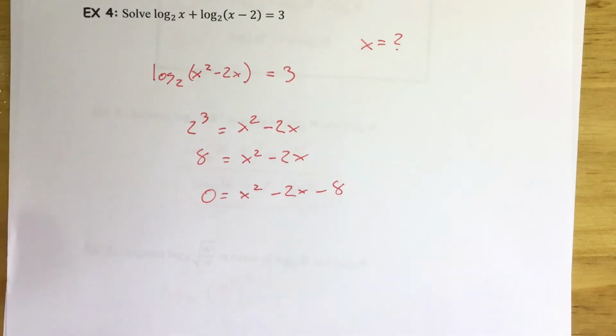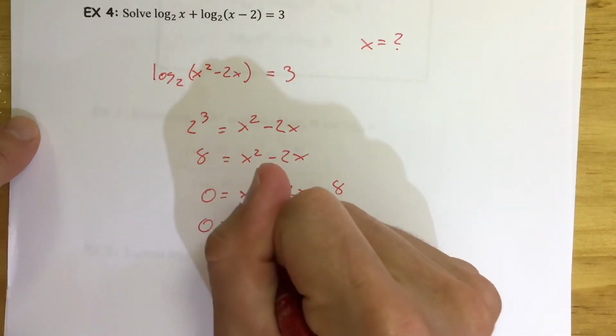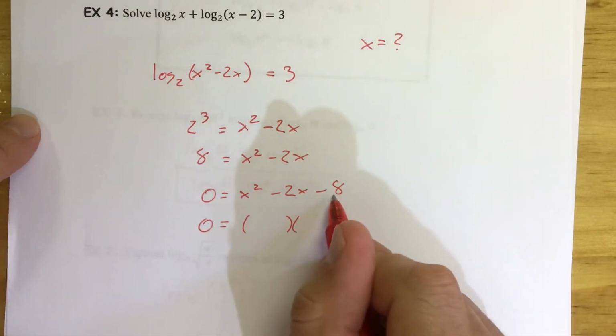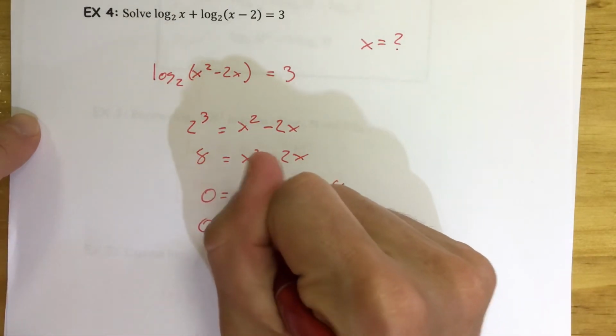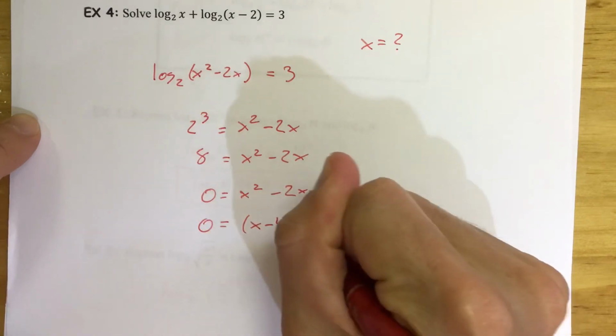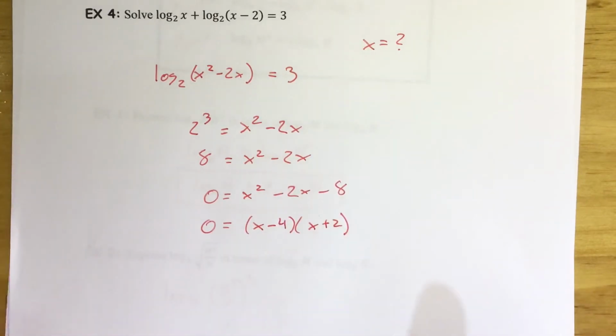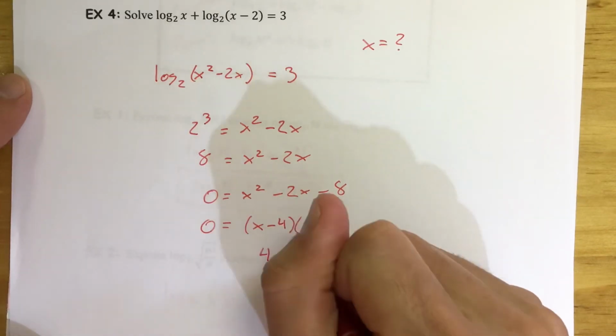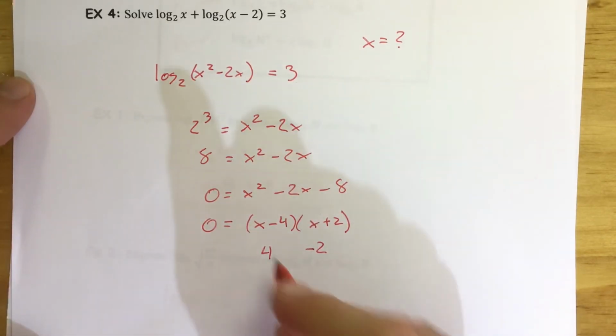It's about factoring. So let's see. Multiplies to give you -8, adds to give you -2: that's x minus 4 and x plus 2. Quadratics, they never go away. Never. They're going to be there forever. The answers that we get will be 4 and -2.